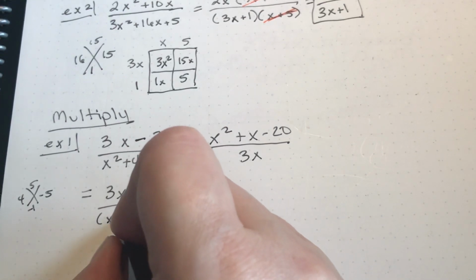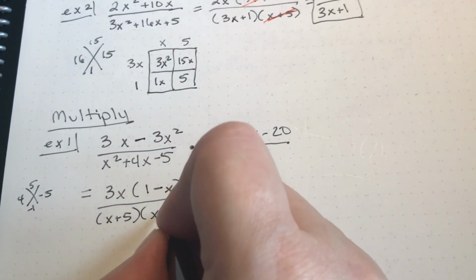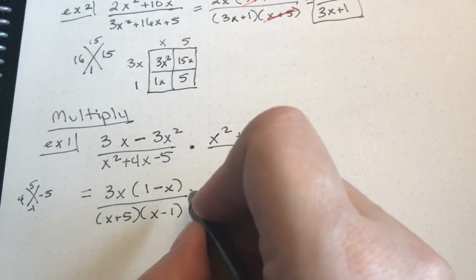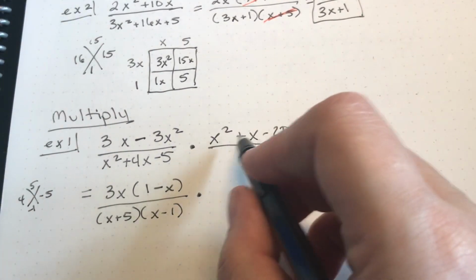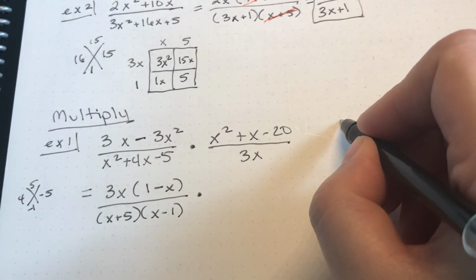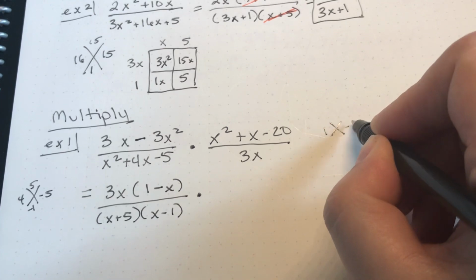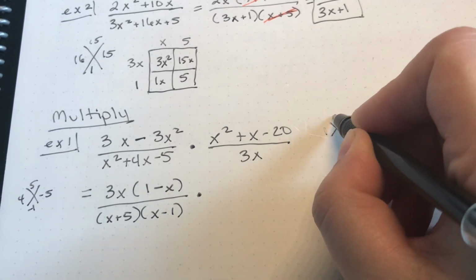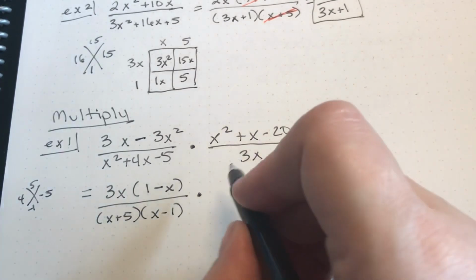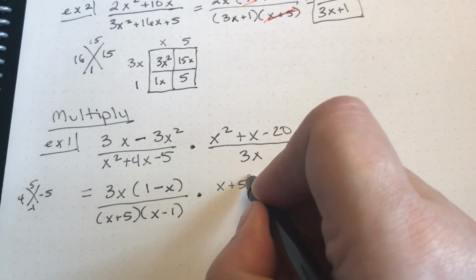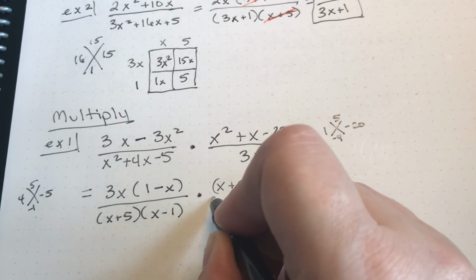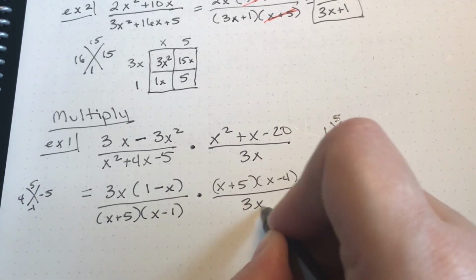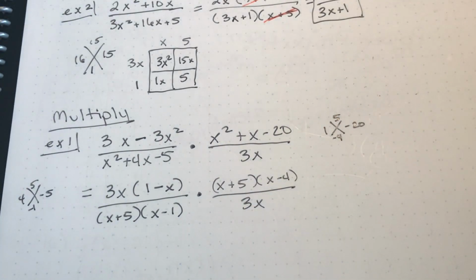So x plus 5 and x minus 1 times up here I have 1 and negative 20, so that's going to be positive 5 and negative 4, x plus 5, x minus 4, and then down here I have 3x. Okay.